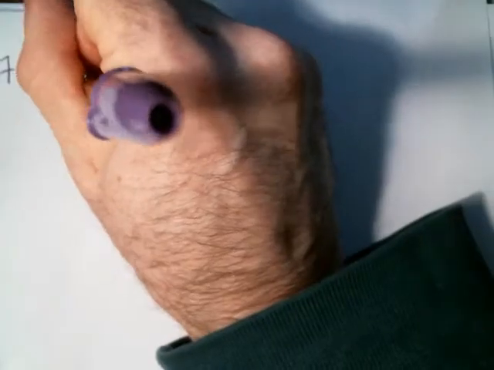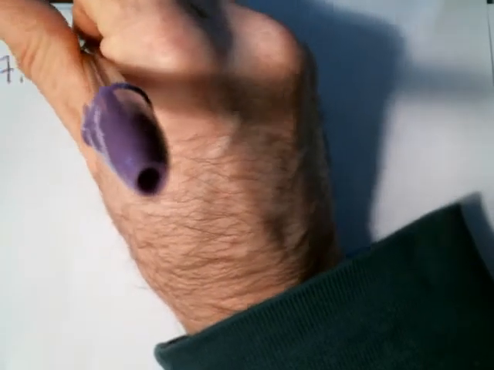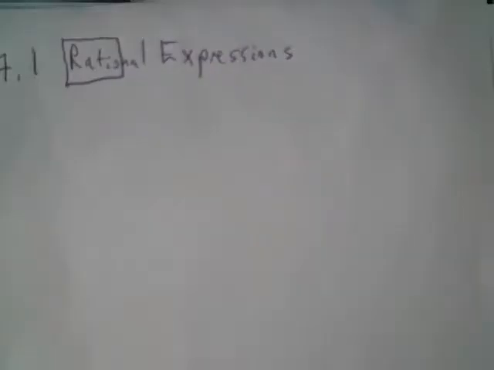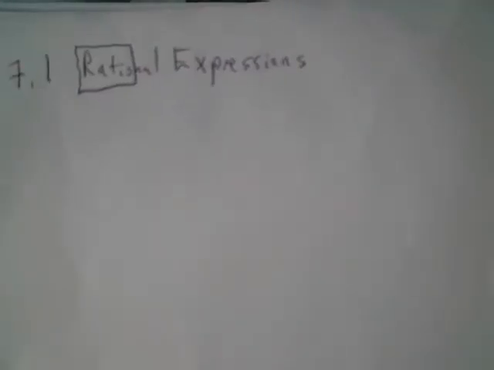Well, look, right in this word rational, there's the word ratio. So ratio, you want to think of that as a fraction. So what we're dealing with are expressions that have a fraction bar in them, and they're also going to have variables as well. So it's not just dealing with fractions, but variable expressions.